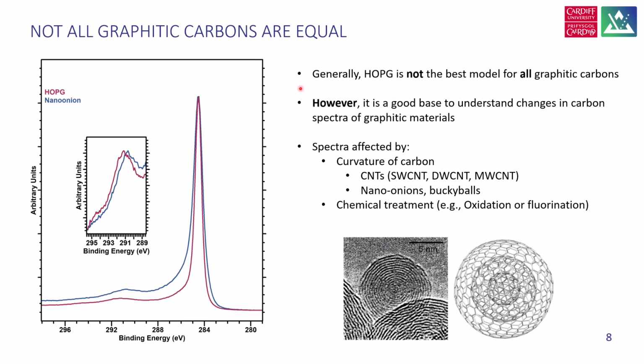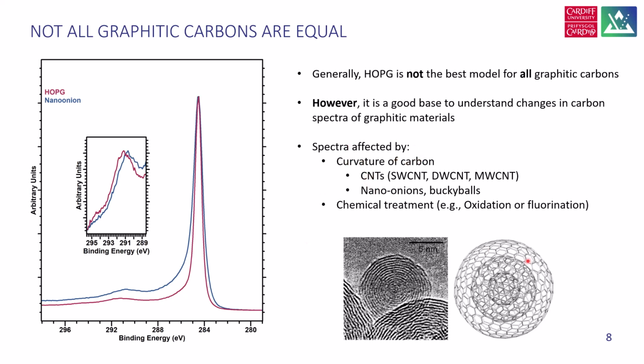What we want to take from this, and this is a TEM image and a graphical representation of what a nano onion is. You can think of it as a buckyball within a buckyball within a buckyball, and so forth. But this raises some very interesting points of note for the spectra. We have greater asymmetry and a greater full width at half maximum, and this is because there's essentially strain on the system. So the spectrum itself is affected by the curvature of the carbon.